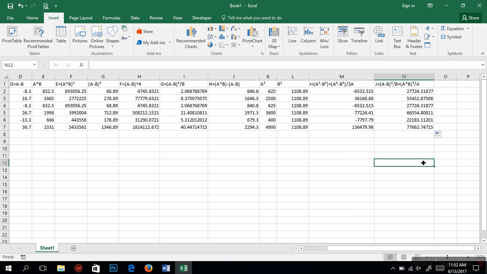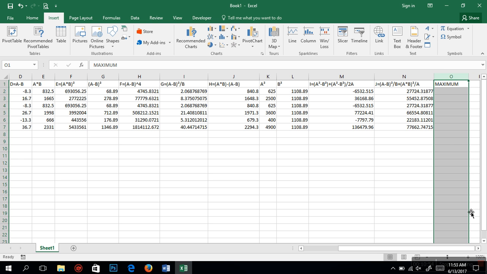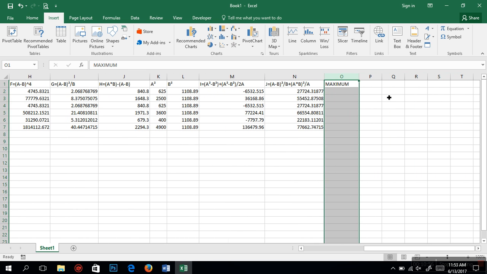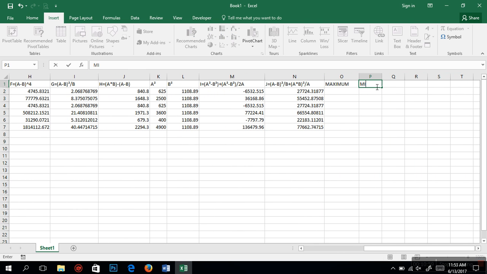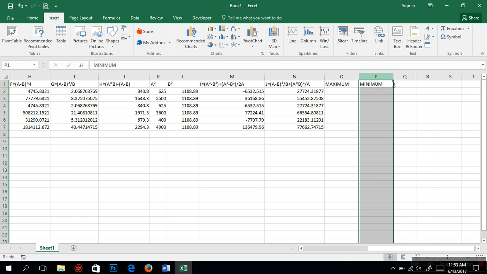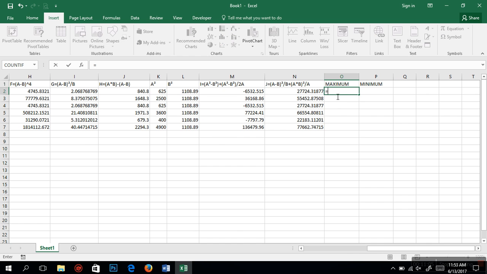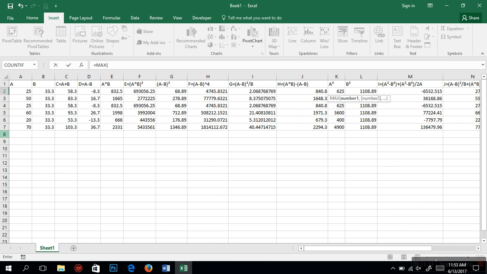Now the next part is to determine the maximum and minimum for the reaction. Now we have another column, maximum. We should have another column for minimum. To expand the cell a little. Now maximum equal to max. You can just highlight all of them from beginning to the end.